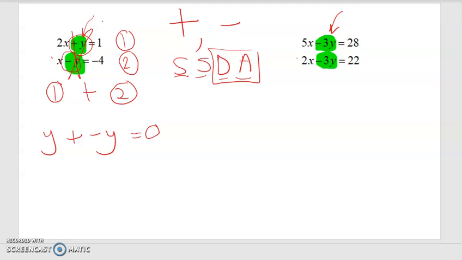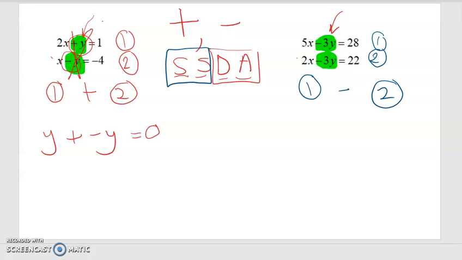Over here, I've got two terms that are the same, so we subtract. I would take equation 1 and equation 2, and do 1 minus 2. Let's just concentrate on the green terms. I'm going to do minus 3y, minus, and then I subtract the other term because I am subtracting the equations. My other term is minus 3y.